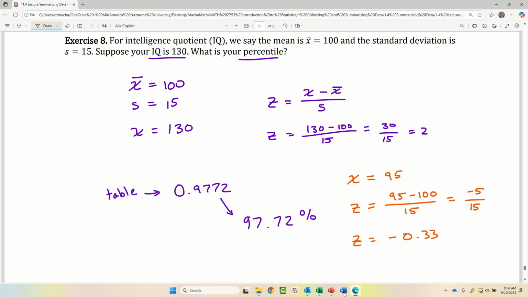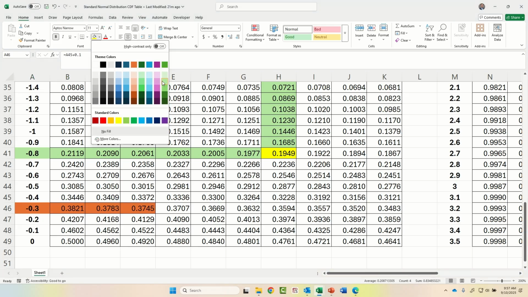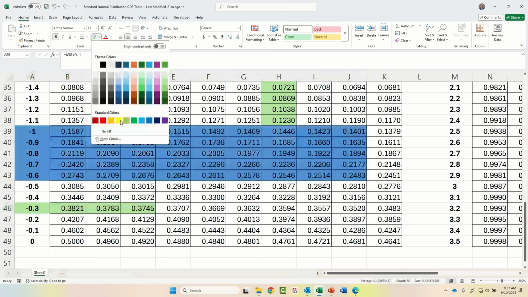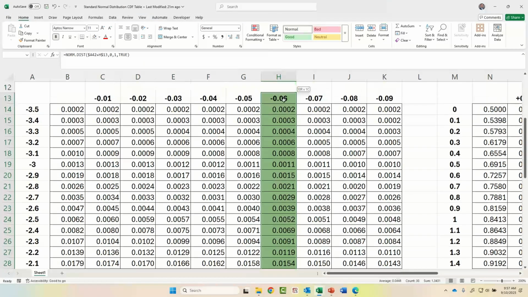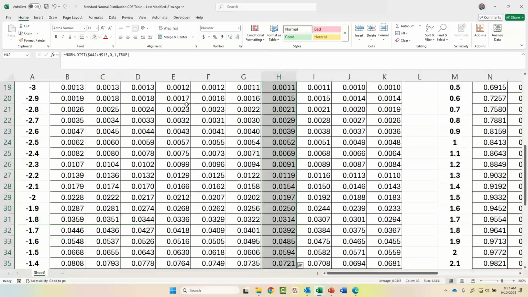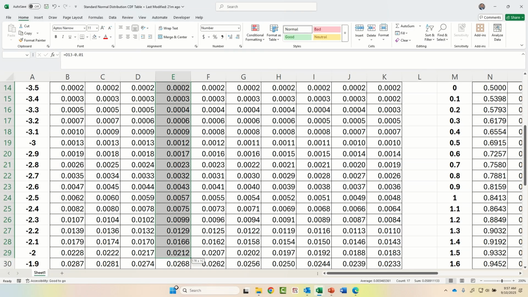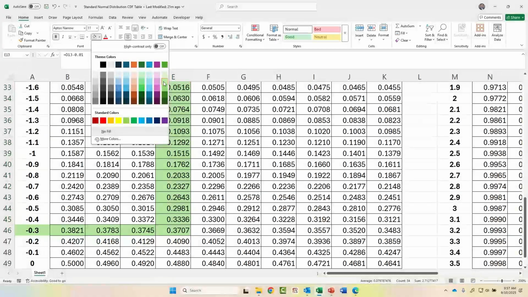And with a z-score of -0.33, we find this row for -0.3, and this column to add an extra 0.03 there. So we are looking at this column here.